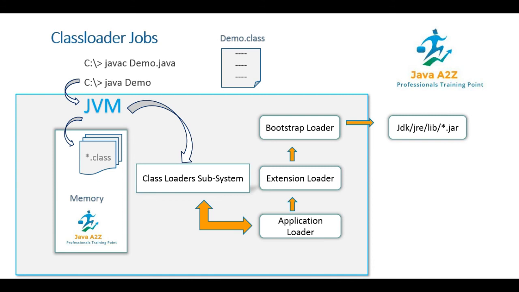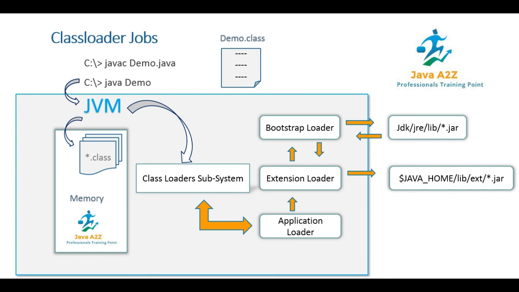Now if no class is found in this location, then the Bootstrap loader again invokes the subclass loader, and the responsibility delegates to the extension loader. The extension loader checks for the requested class in the extension directory.